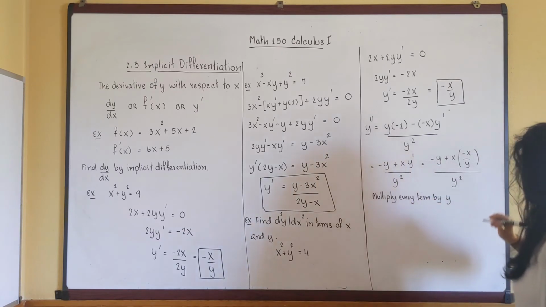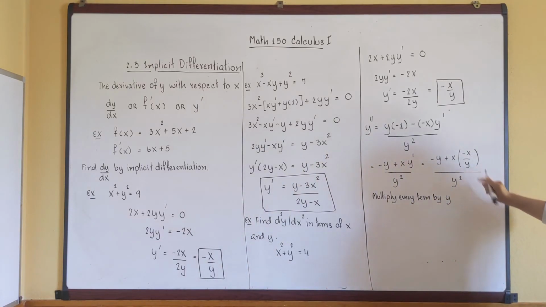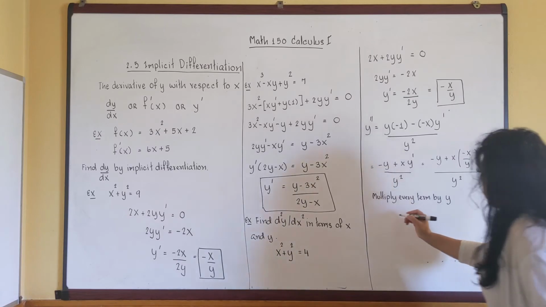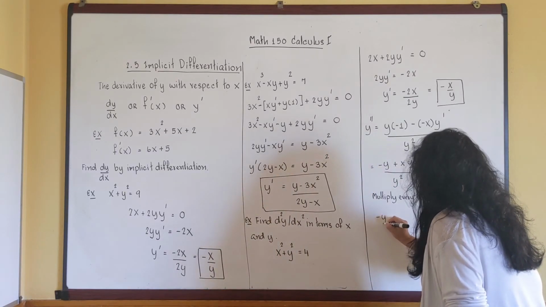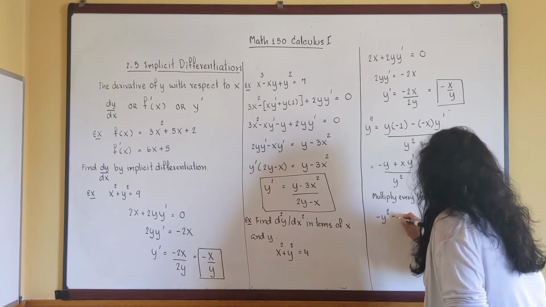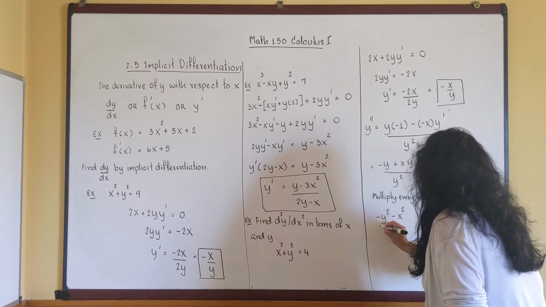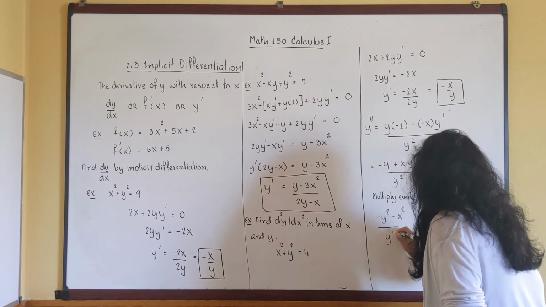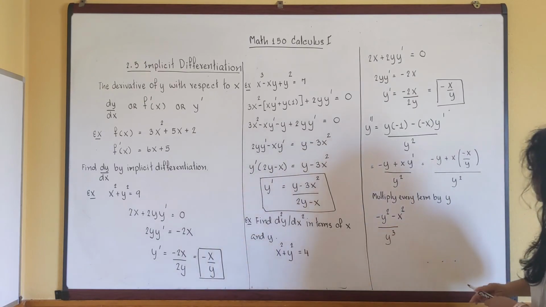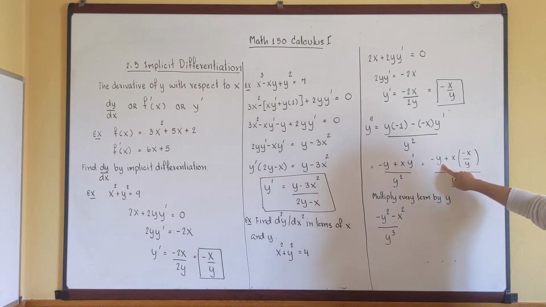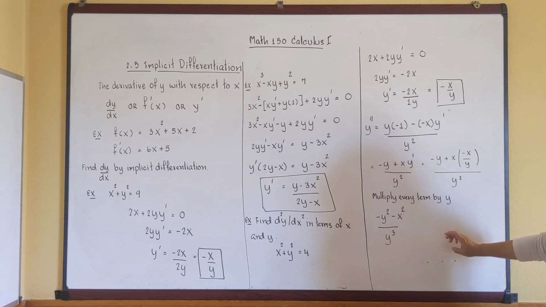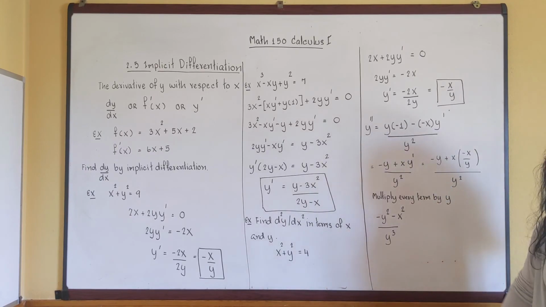Why did I do that? I need to get rid of the denominator. So I'm going to have negative y squared minus x squared. On the denominator, I would have y cubed, because I multiplied this by y. I have negative y squared, the y will cancel out from here, and then I'm left with negative x squared, over y cubed.